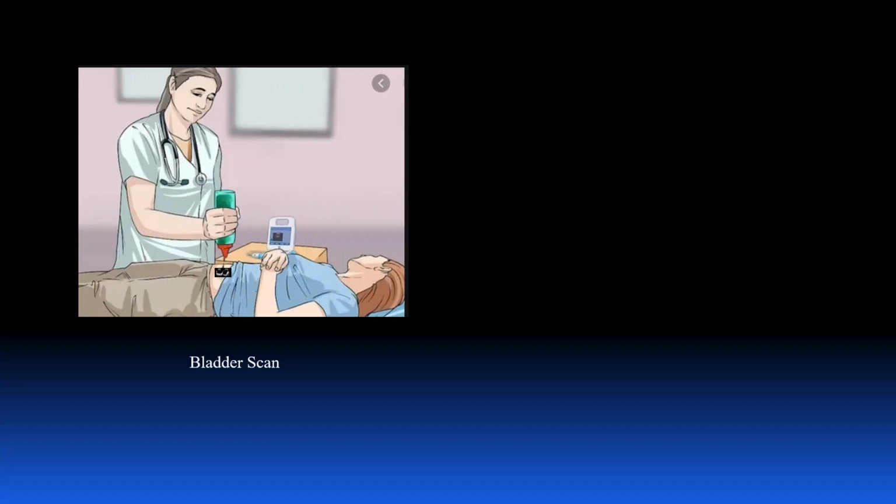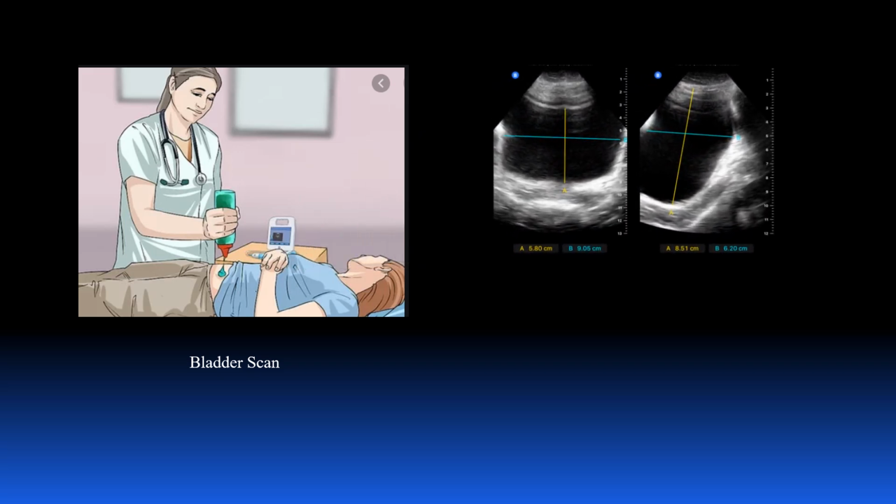Urinary obstruction can start at the bladder outlet and cause urinary retention. When this is suspected, a bladder scan may be performed. In this procedure, the patient is first asked to void.